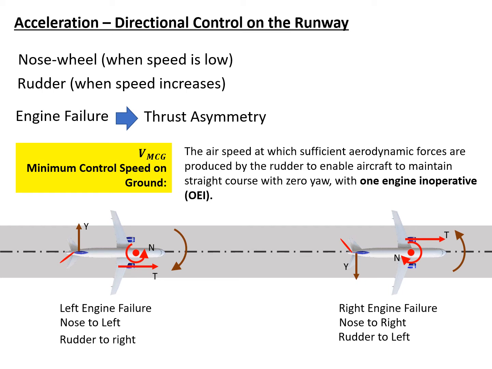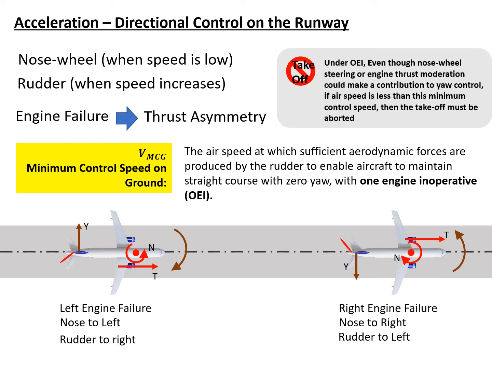So this one is related with the situation when one engine inoperative, OEI. And so if the aircraft is moving at a speed larger than this, it can still take off. But if the speed is less than the minimum control speed, the takeoff should be aborted.